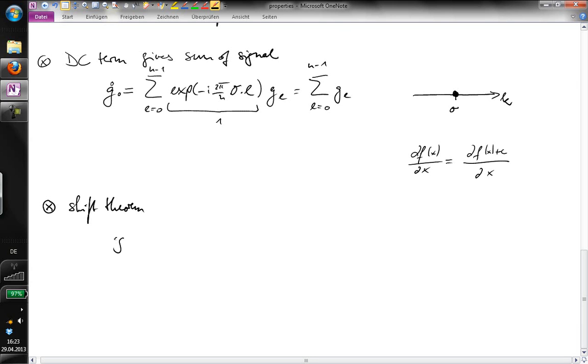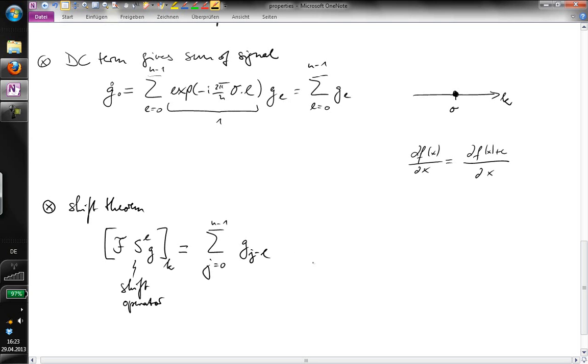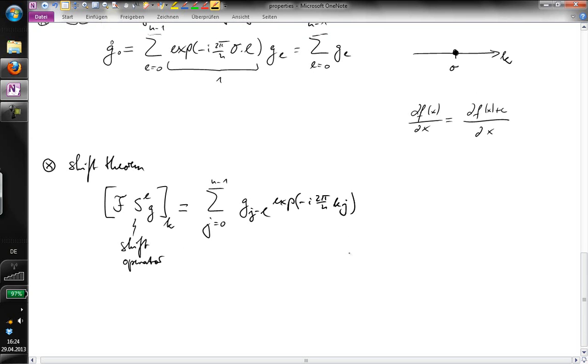So if I'm looking at the Fourier transform of a signal G which has been shifted by an amount of L, I use no longer here the index j, but j minus L. And I can then substitute some variables.